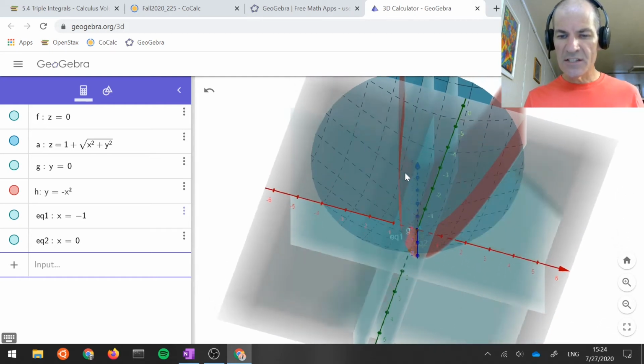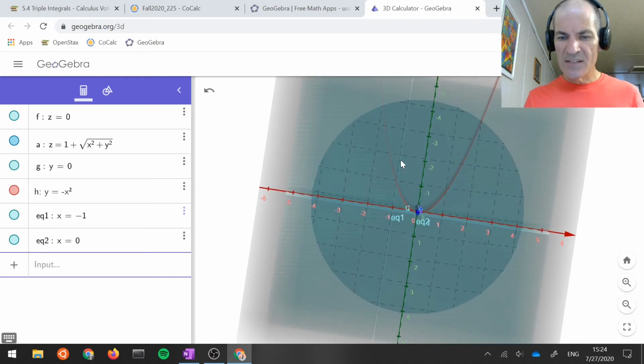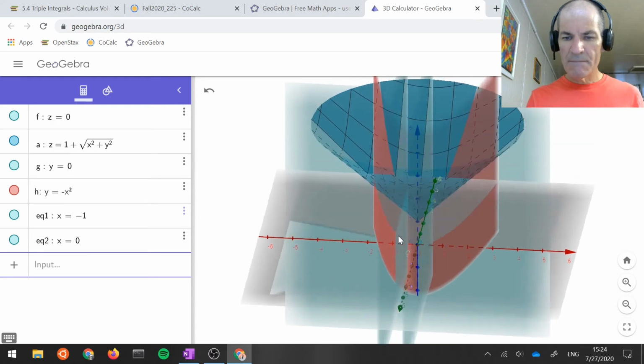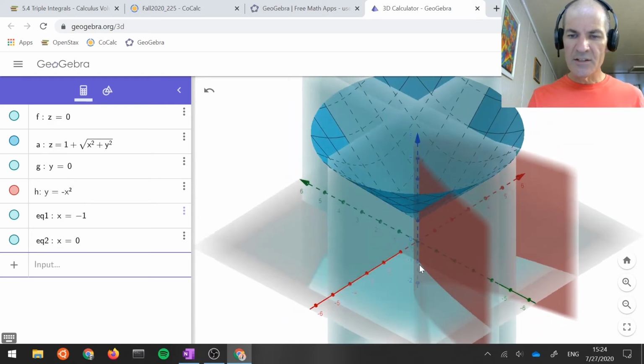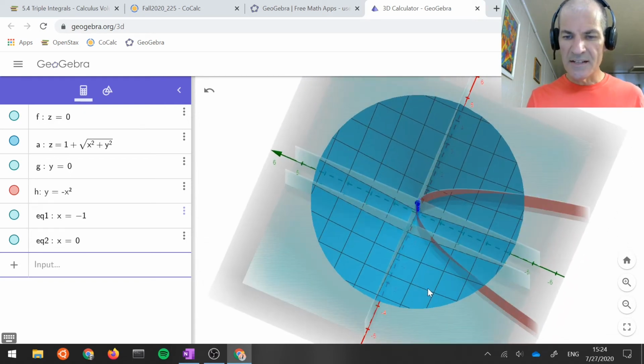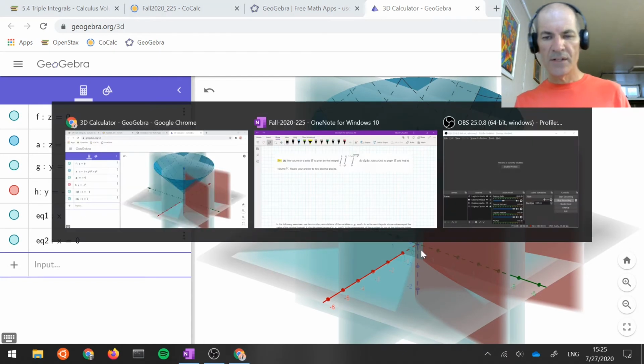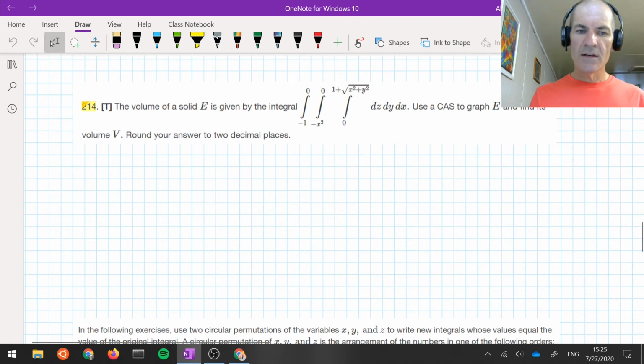Very challenging to see where that is. It's kind of tucked in here, and you just kind of have to imagine that it's in there. It's inside here, and then it's below the blue cone and above the XY plane. Very challenging to visualize. And then find its volume. So round your answer to 2 decimal places.